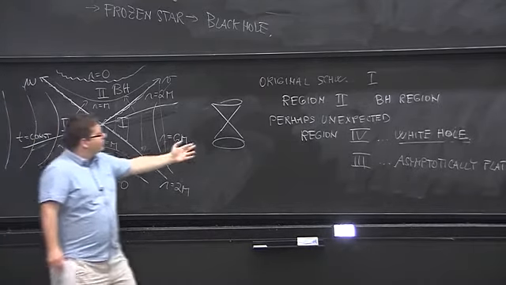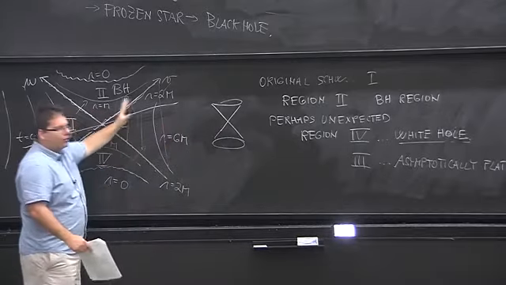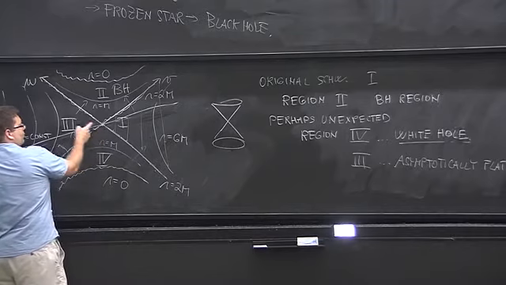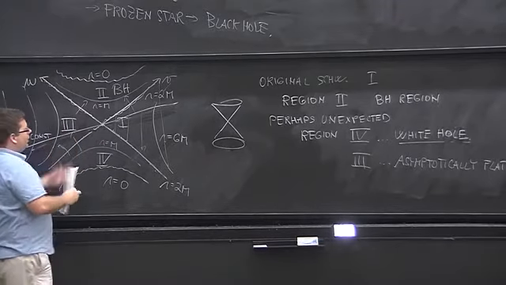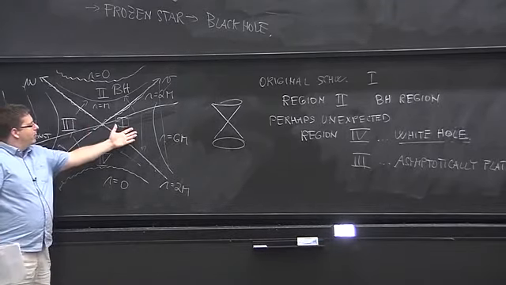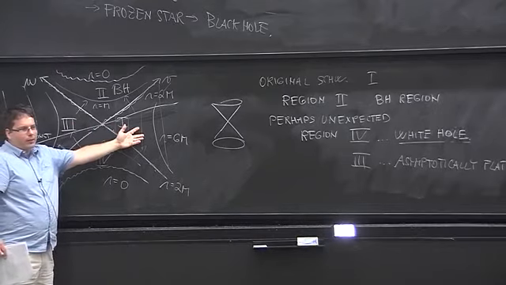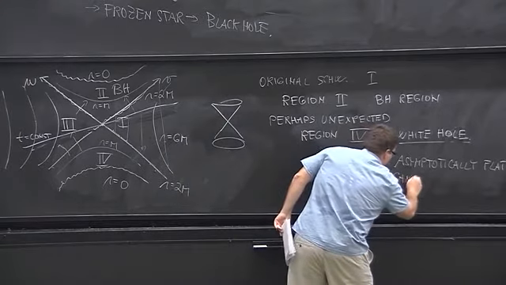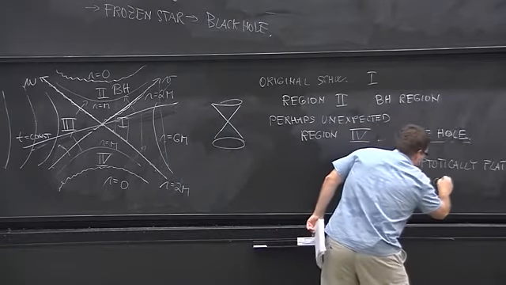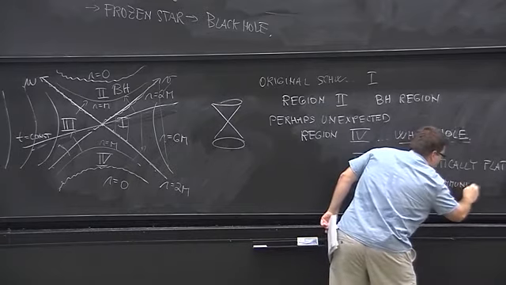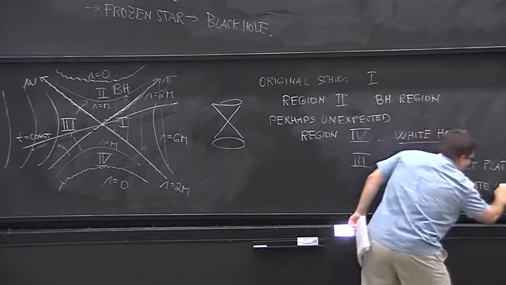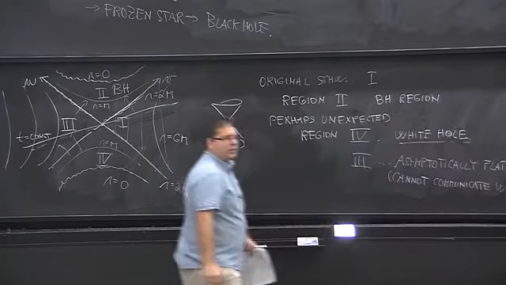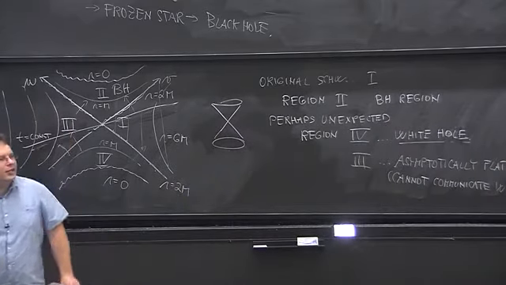Why? Because this is my light cone, and this is the light cone everywhere in the space-time. So all the events in region 3 are space-like separated from whatever is in region 1. So they cannot communicate with region 1. The two regions are space-like separated, and they can never send any signals.